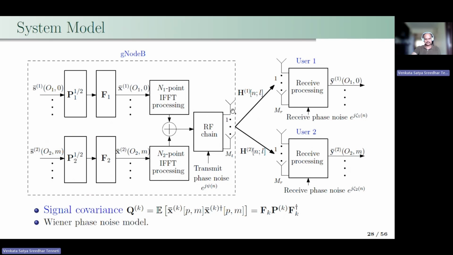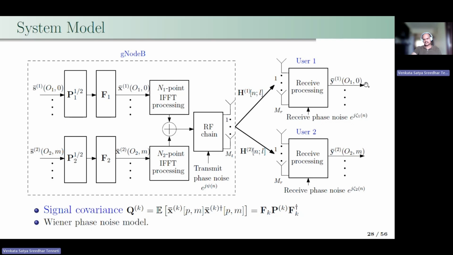Now the transmitted signal from the base station is received at both users via their respective MIMO wireless channels. Once again, phase noise is induced by the RF modules at the receivers. After the baseband processing, at each subcarrier, we get the estimates of the transmitted information symbol vectors. These estimates contain the desired signal component as well as INI and ICI components in addition to AWGN noise.